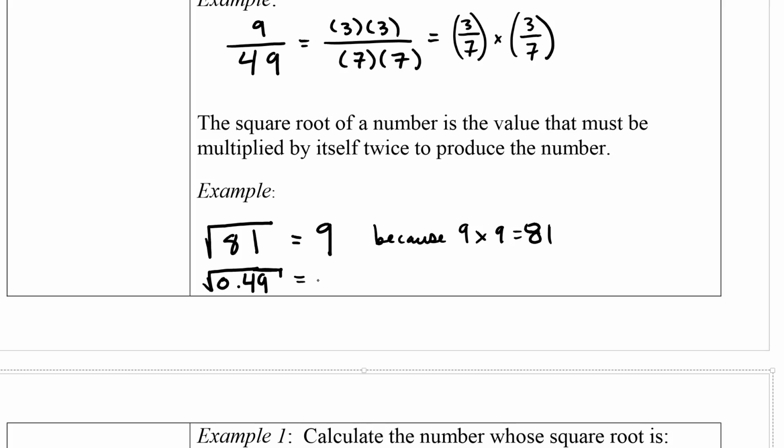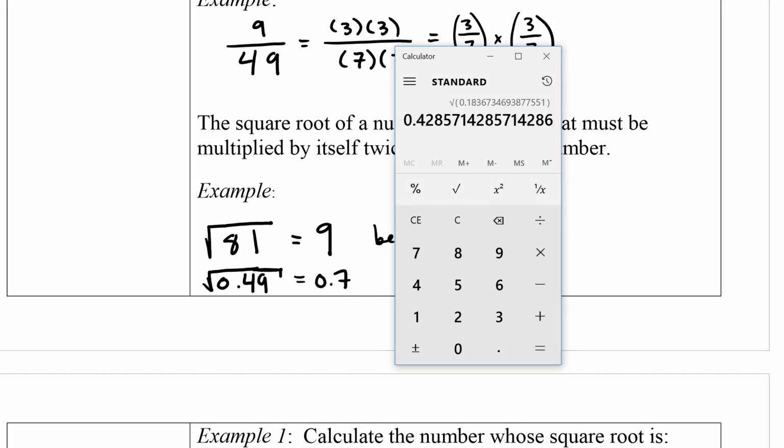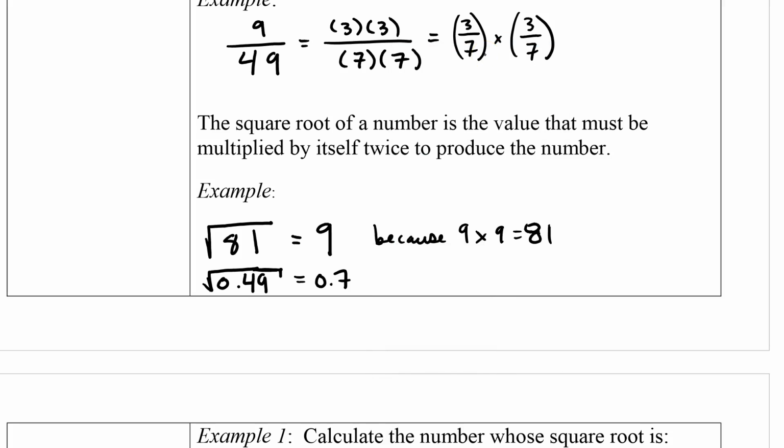Some people are going to say 0.7. I say it's 0.7, but don't trust me. Let's look at the calculator. The square root of 0.49 is 0.7, because 0.7 times 0.7 is 0.49.